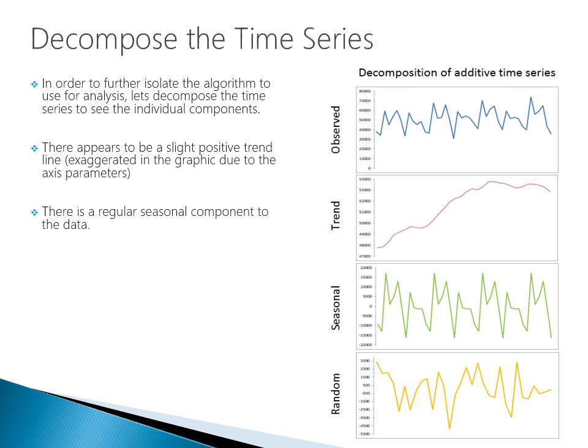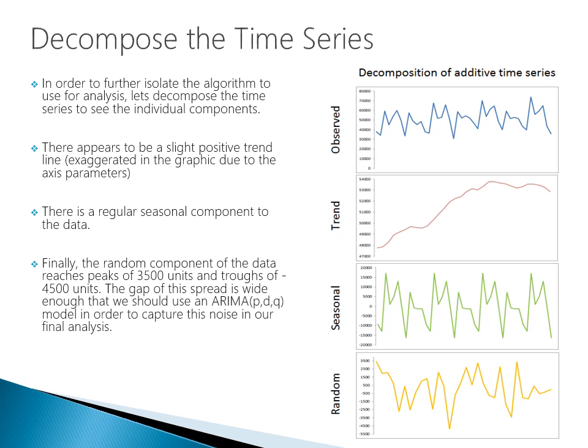There is a regular seasonal component that almost looks like a little heartbeat pattern, going doo-doo, doo-doo. And there is a random component of the data, and this random component reaches a peak of 3,500 units to a trough of minus 4,500 units. The spread is wide enough that we probably should use an ARIMA PDQ model in order to capture this noise in our final analysis.